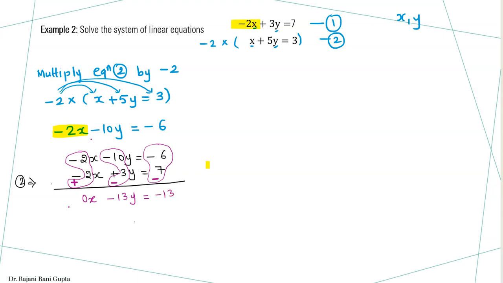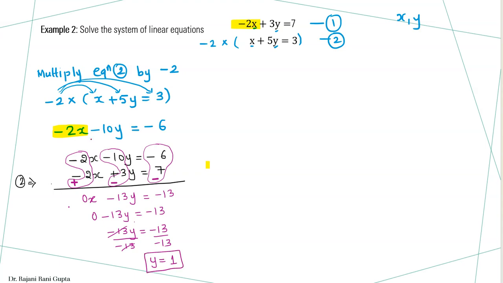So 0x minus 13y. 0x means 0. Minus 13y equal minus 13. Now you need y. So what will you do? You will divide both sides by minus 13. This cancels. So this gives you y equal 1.